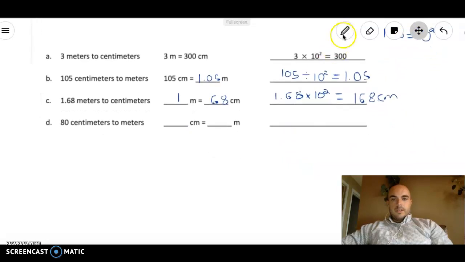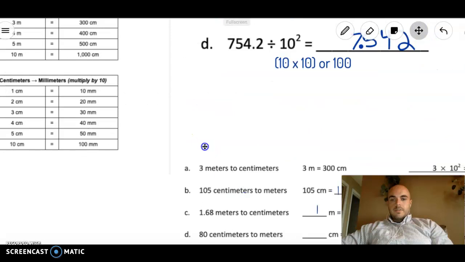Okay, let's look at this one. 80 centimeters to meters. Okay, same setup here. Let's start with our chart. 80 centimeters to meters.